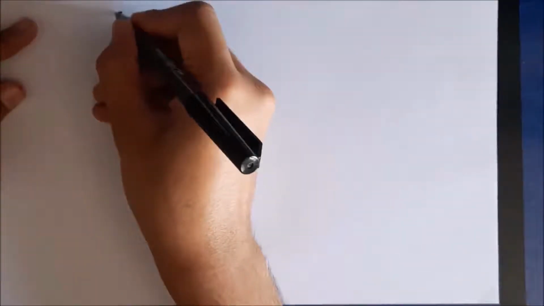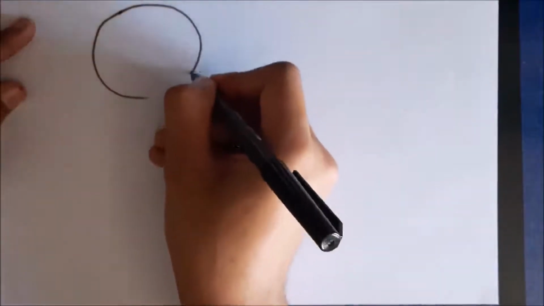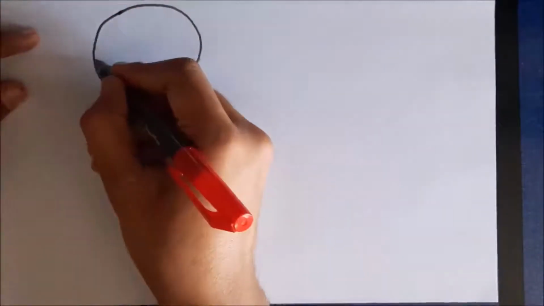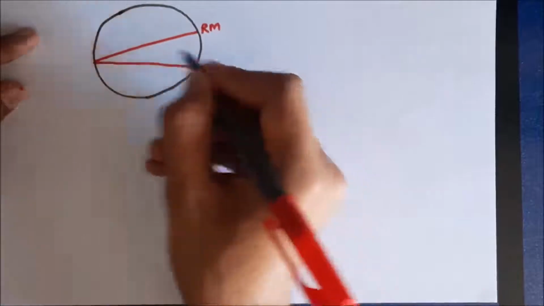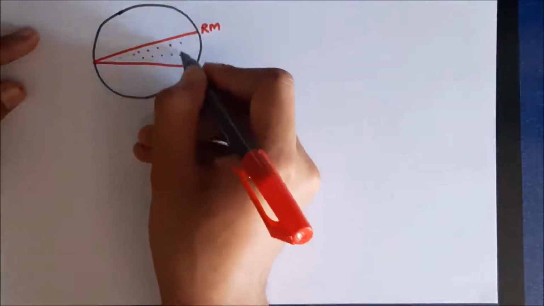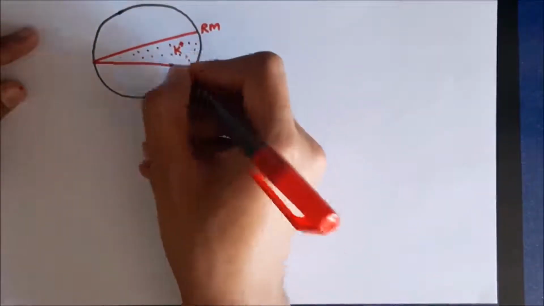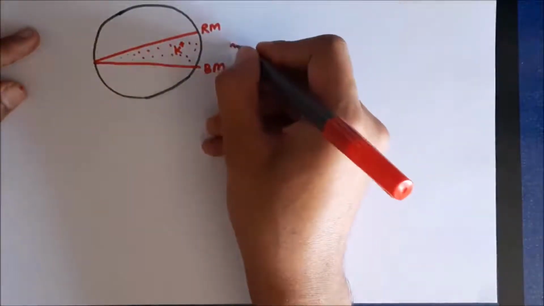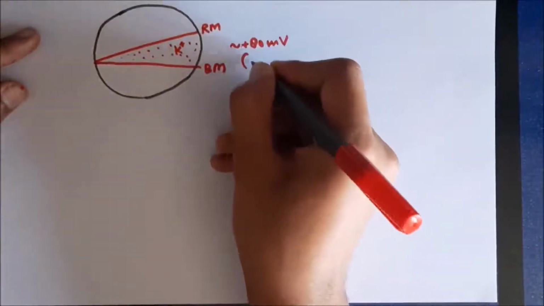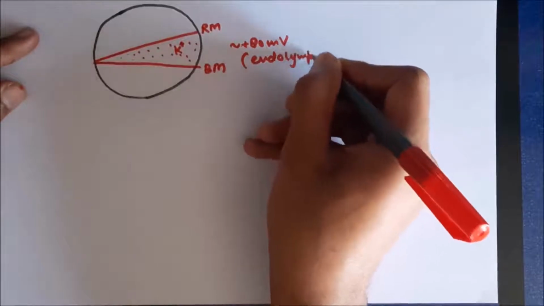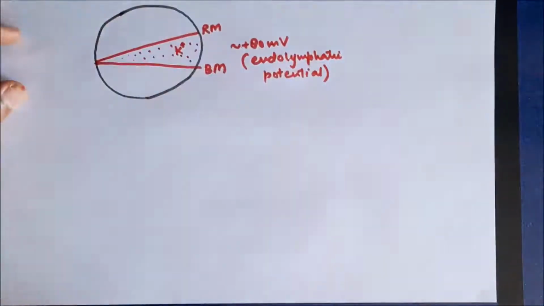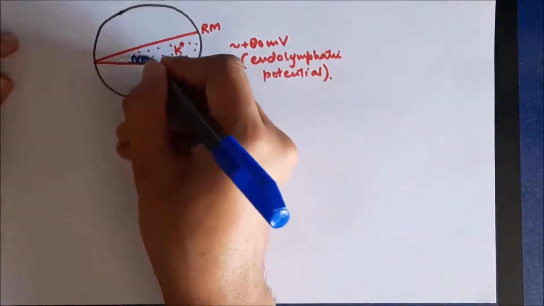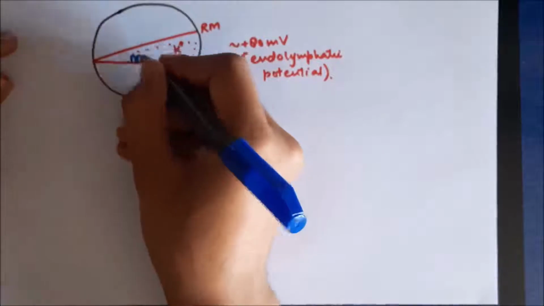If we take a look at the section of the cochlea again, this is Reisner's membrane, and this is the basilar membrane. This is the scala media, which is filled with endolymph rich in potassium ions, because of which there is a positive potential of plus 80 millivolts, called the endolymphatic potential. On the basilar membrane, the special structure present is the organ of Corti, which contains the sensory hair cells with cilia on top. These are the scala vestibuli and scala tympani.